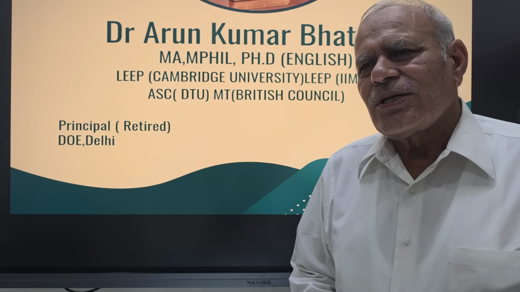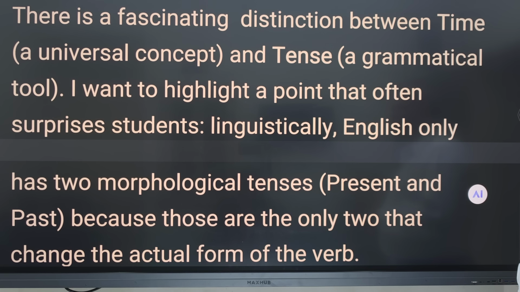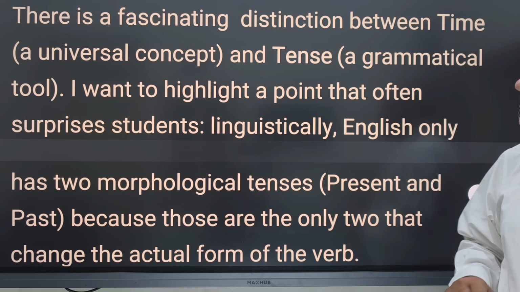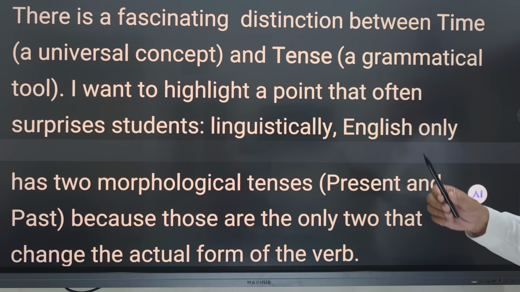So let us talk about what is the new way I am talking about. First of all, there is a fascinating distinction between time, which is a universal concept, and tense, which is a grammatical concept. I want to highlight a point that often surprises students linguistically.